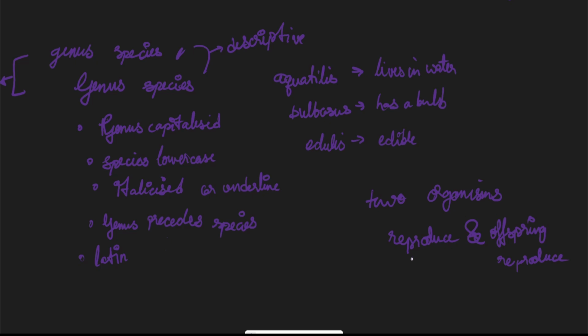So, two organisms that can reproduce and produce fertile offspring are in the same species. Two organisms may be able to reproduce while being in the same genus, but their offspring will not. So, horses and donkeys are part of the same genus, but they're not the same species. And the smallest natural group of organisms is the species.